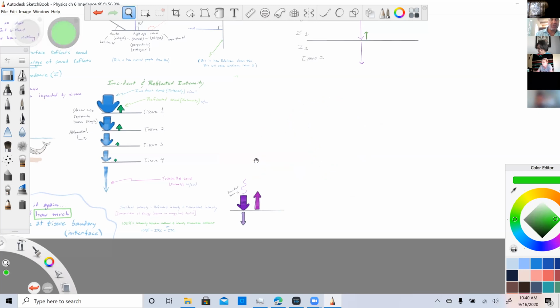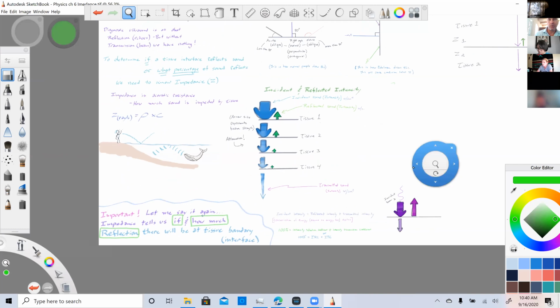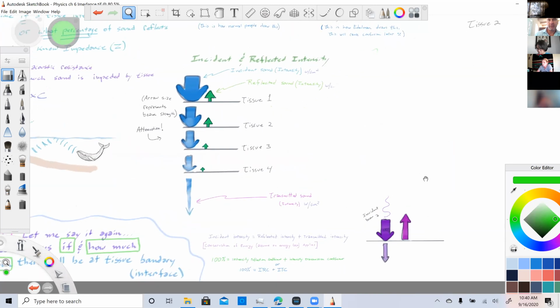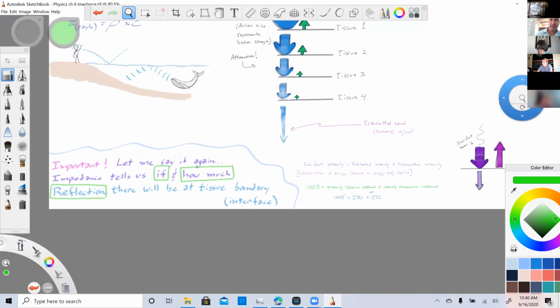So I will say again, because this is so important to know the difference: impedance, Z in rayls, tells us if and how much reflection there will be at a tissue boundary.